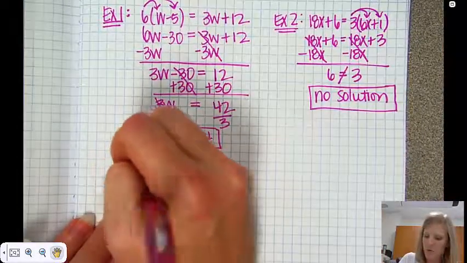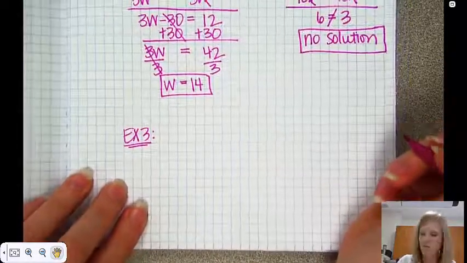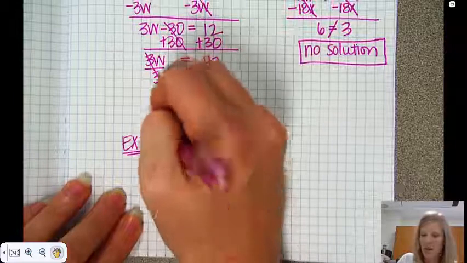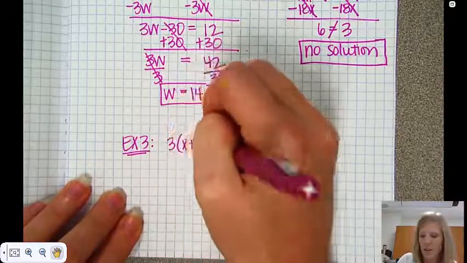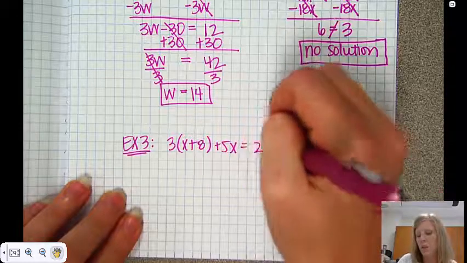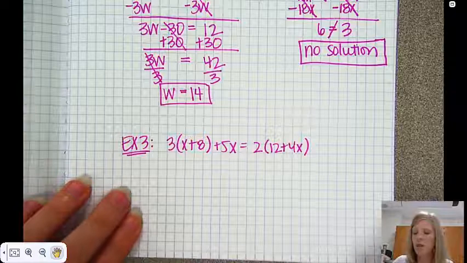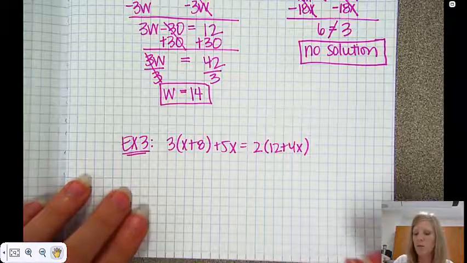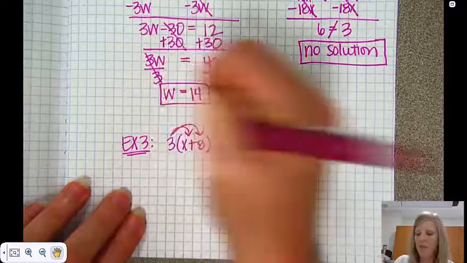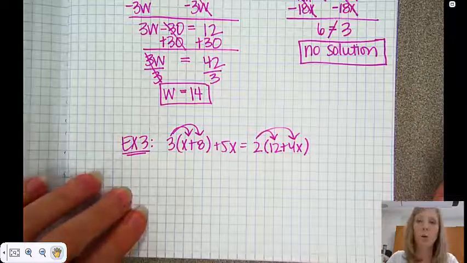So for example 3, we are going to do 3 times (x plus 8) plus 5x is equal to 2 times (12 plus 4x). So now we're going to do our grouping symbols, and we have some on the left and we have some on the right. So we need to distribute both of those.